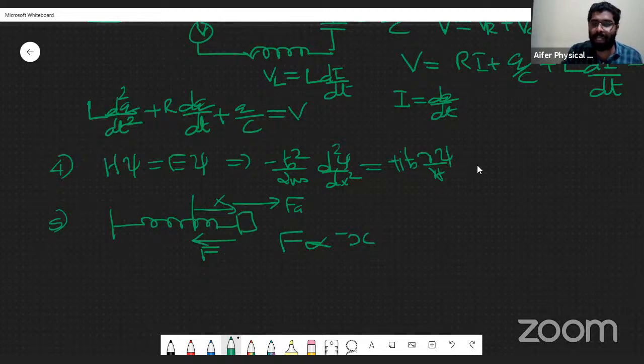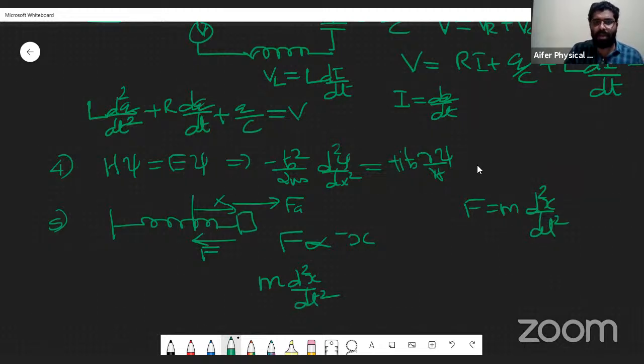So F is equal to m d square x by dt square, and I'm writing F equal to some constant times minus kx. Okay, that will be equal to minus kx. That gives you the wonderful equation x double dot, that is d square x by dt square, plus k by m x equals 0.